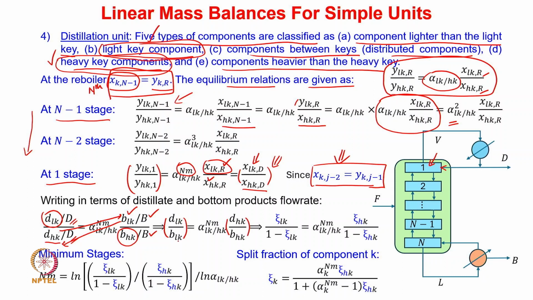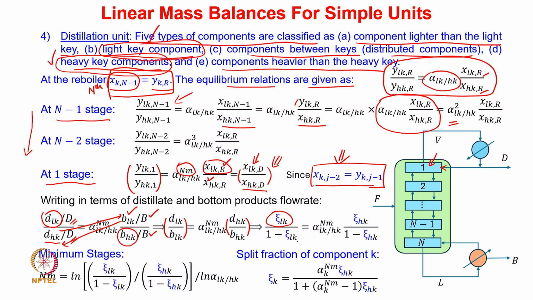Now dlk by blk is what? Dlk is nothing but the amount of molar flow rate of the light key component in the distillate. blk is the molar flow rate of the light key component in the bottom product.